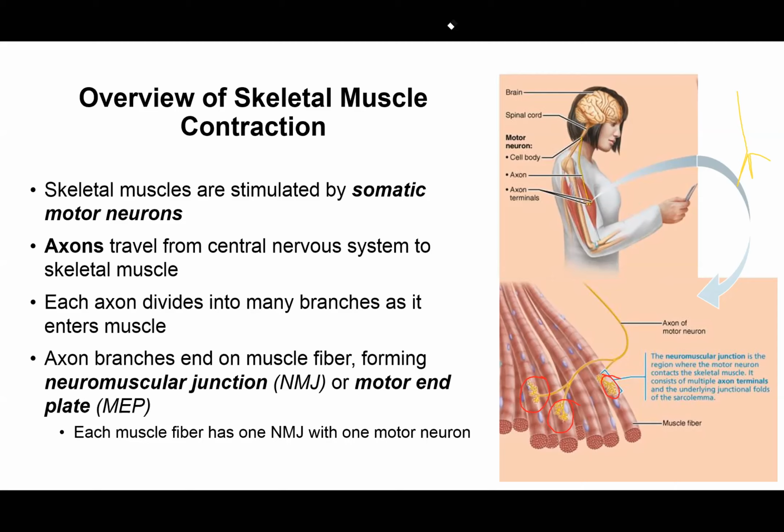And so here is one neuromuscular junction. We have another neuromuscular junction. Here's a third neuromuscular junction. And so each muscle fiber is going to have one neuromuscular junction that contains one motor neuron.